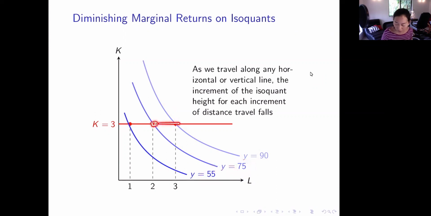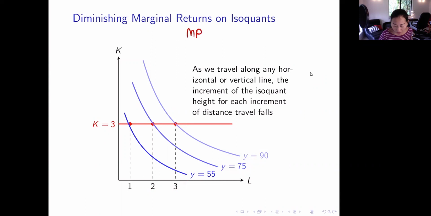From this point to that point, the output increased by only 15 units. When you look at this diagram, we fix K. K is fixed at 3, but we allow L to increase by 1 unit. When L increases by 1 unit, the marginal product of the second unit of labor is equal to 20. Do you see that?